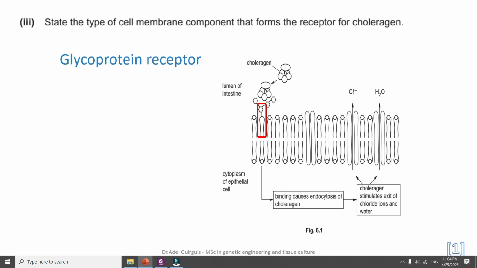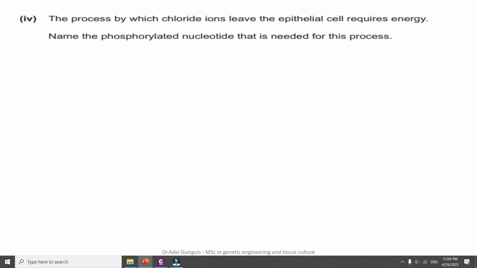Now for letter IV, the process by which chloride ions leave the epithelial cells requires energy. Name the phosphorylated nucleotide that is needed for this process. A nucleotide phosphorylated with two extra phosphate groups.